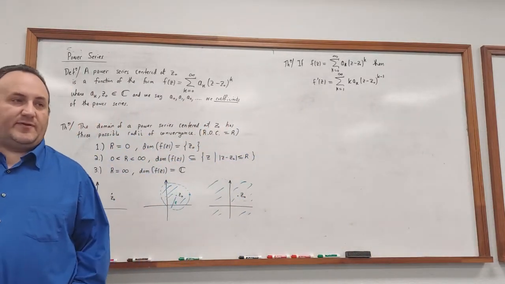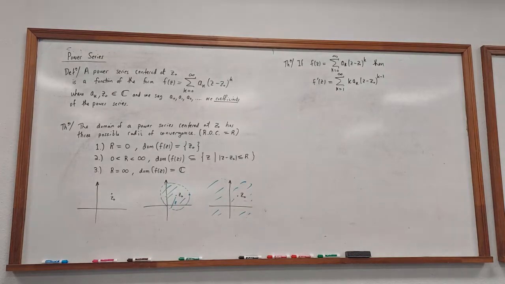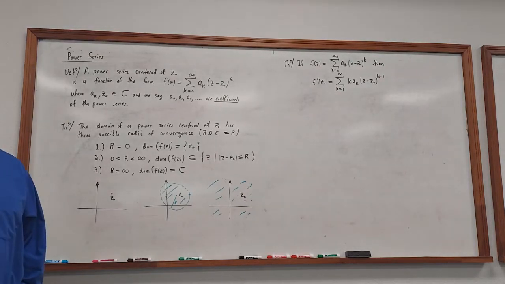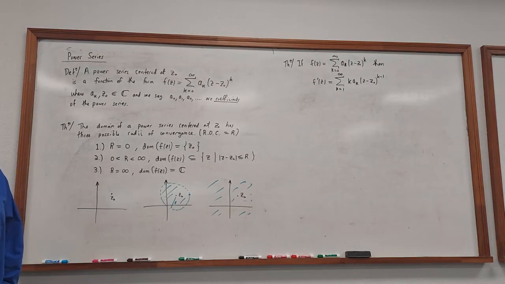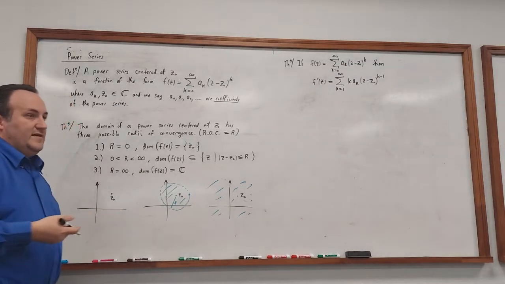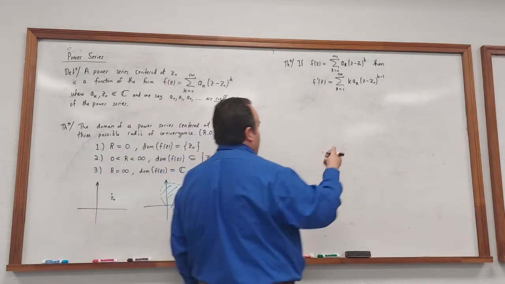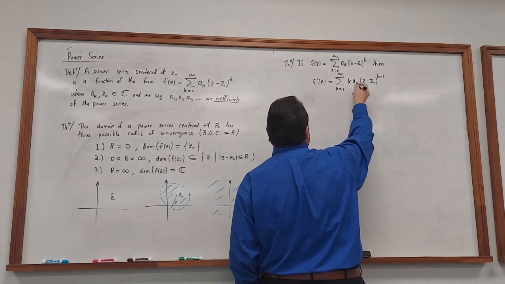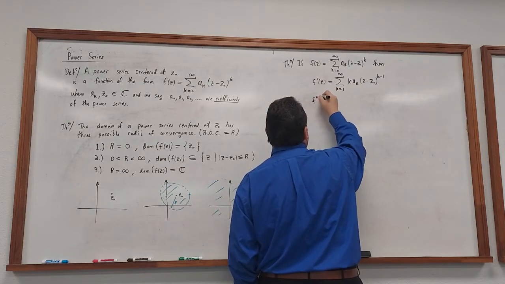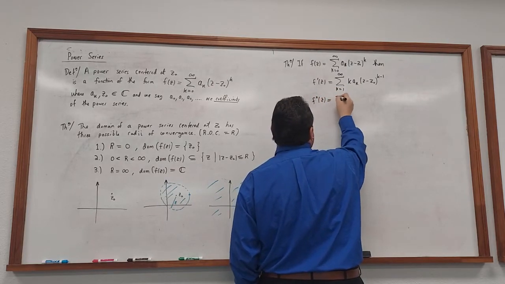Essentially, another way of remembering that theorem is that for a power series, you can bring the derivative inside the summation and just differentiate term by term. And you can do the same for higher derivatives. If I have f double prime, you just differentiate twice, term by term.